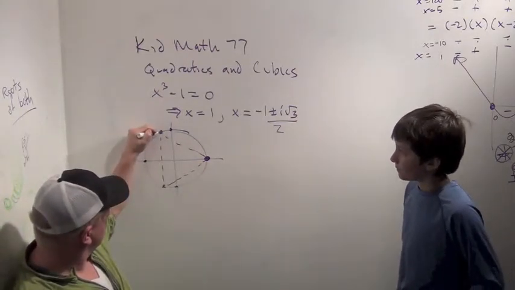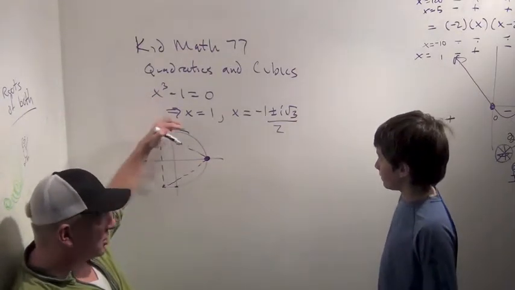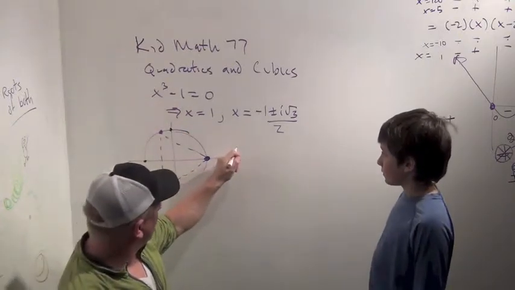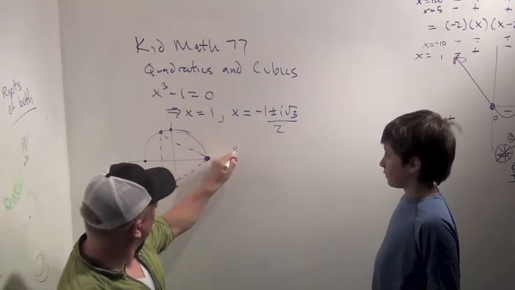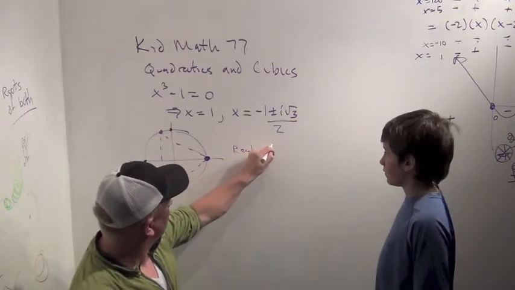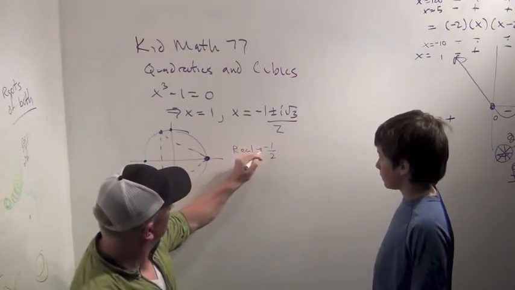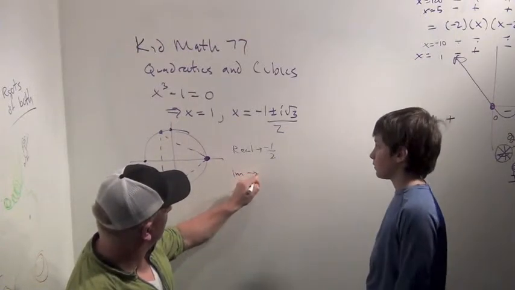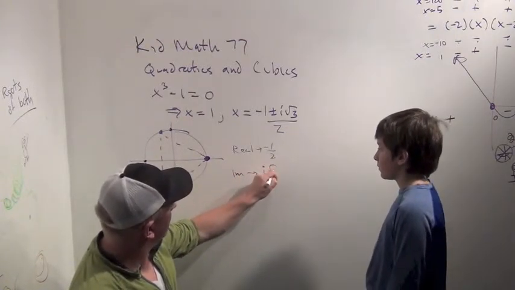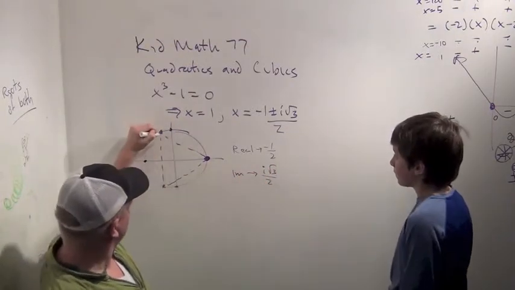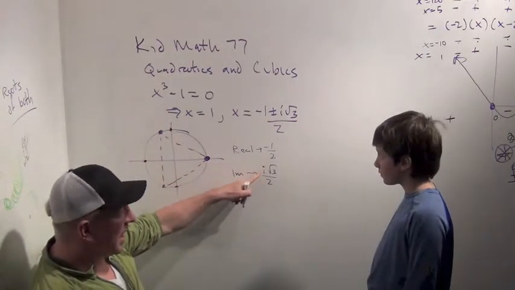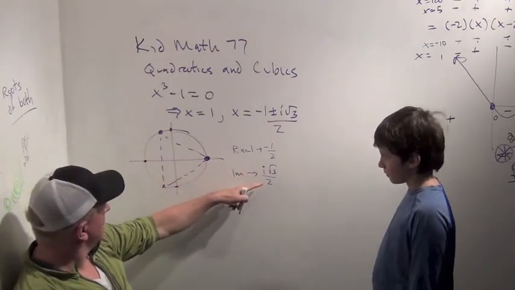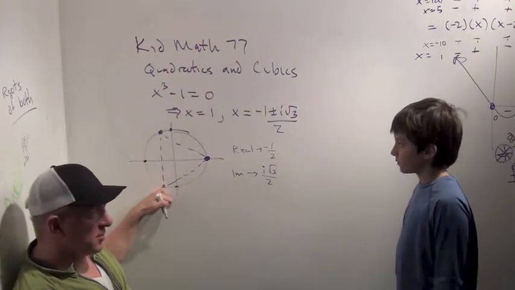Alright. So we have this point on the imaginary plane where the x coordinate, or the real coordinate, is minus 1/2. And the imaginary coordinate is i times the square root of 3 over 2. That's this one. It goes up in the i direction, square root of 3 over 2. And this one similarly goes down.